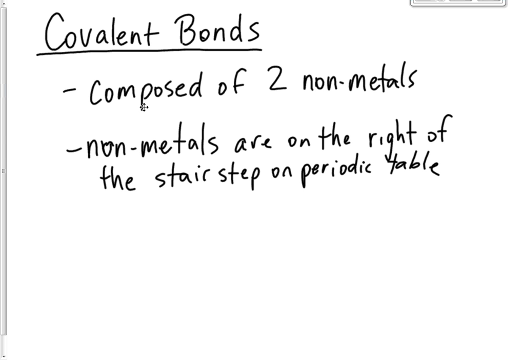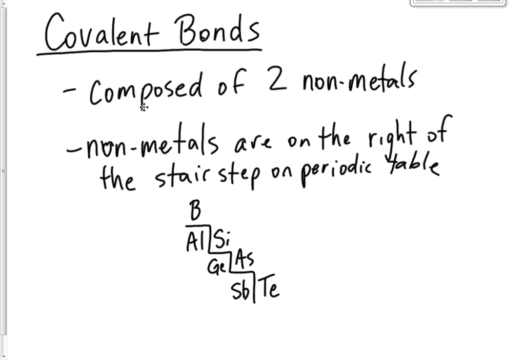So if our stair step is right here, we've got boron, and then aluminum, silicon, germanium, arsenic, and antimony, and tellurium.